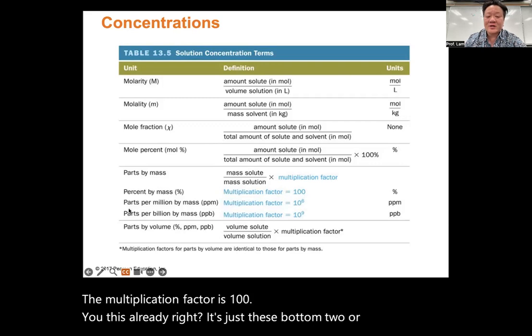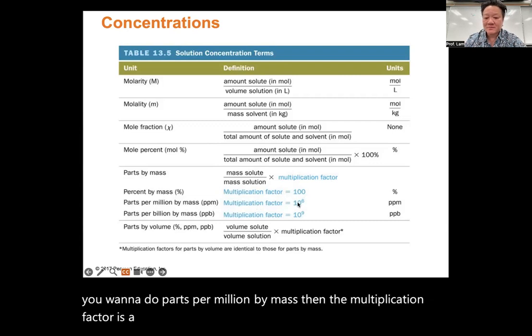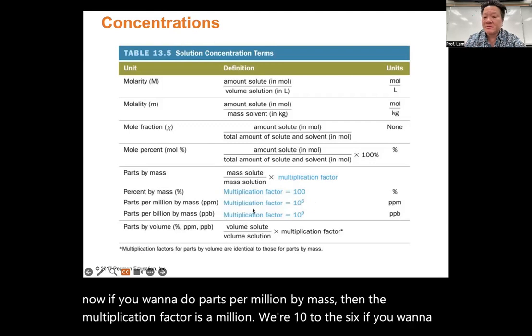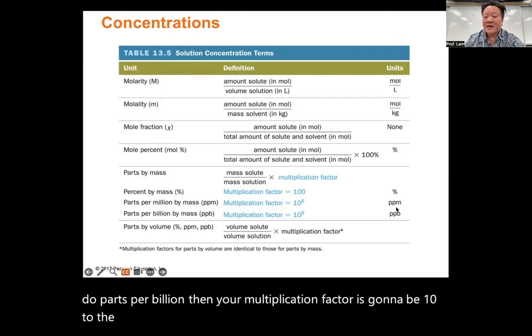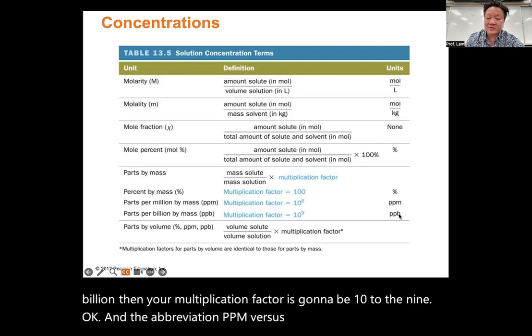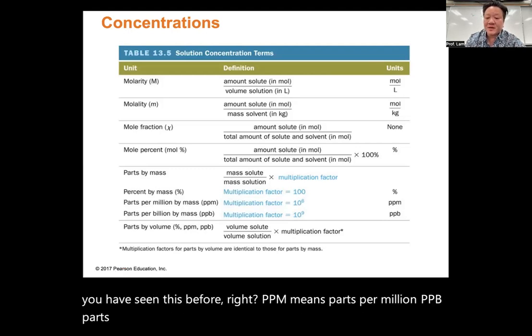So now if you want to do parts per million by mass, then the multiplication factor is 1,000,000 or 10 to the 6. If you want to do parts per billion, then your multiplication factor is going to be 10 to the 9. Okay. And the abbreviation ppm versus ppb, you may have seen this before, right? ppm means parts per million, ppb parts per billion.